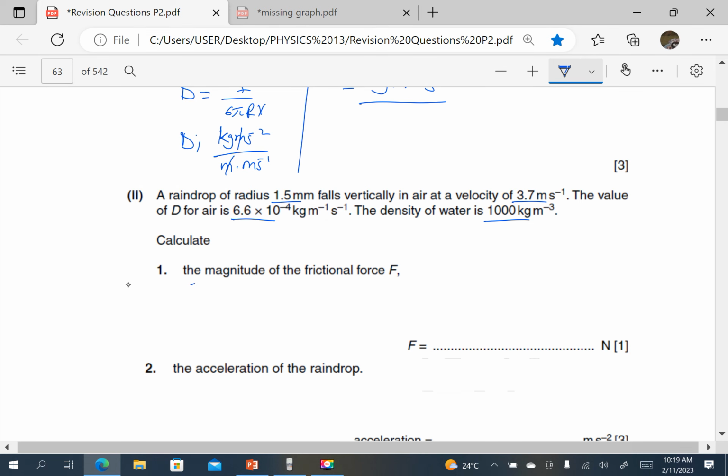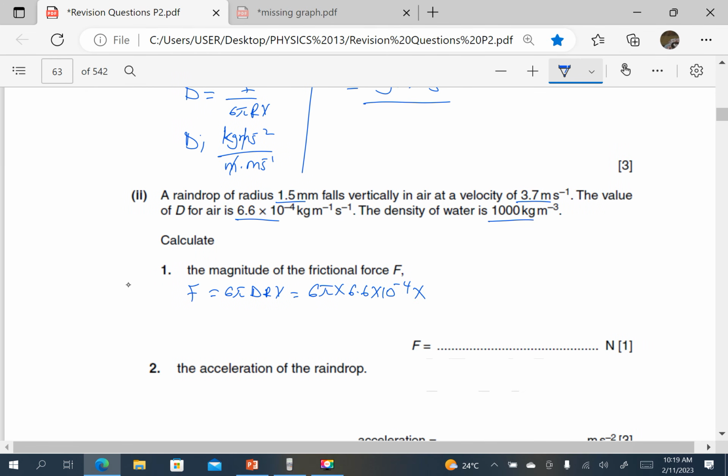So we have seen that F is given by 6 pi times d times r times v, which is going to be 6 pi times d, which is 6.6 times 10 to the power negative 4, then times r, which is 1.5 millimeters, that is 1.5 times 10 to the power negative 3, then times v, which is 3.7.